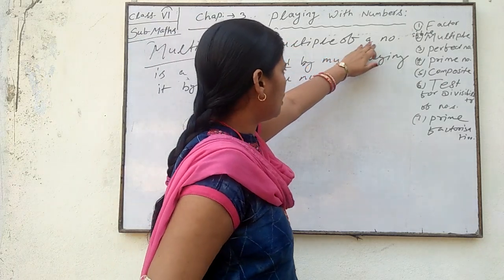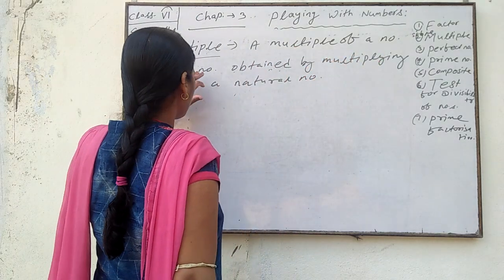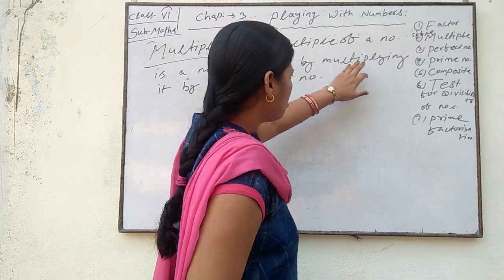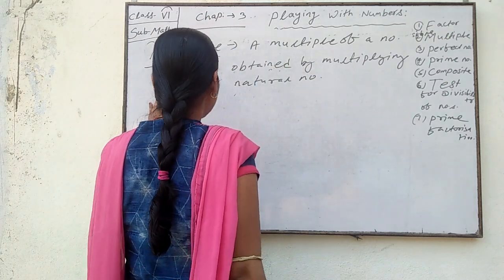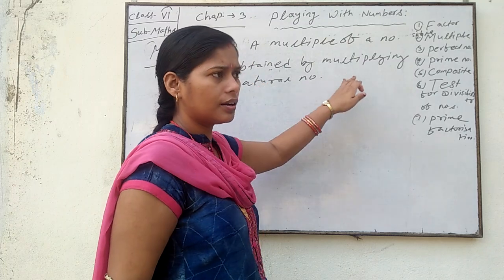A multiple of a number is a number obtained by multiplying it by a natural number. A multiple of a number is a number obtained by multiplying it by a natural number.